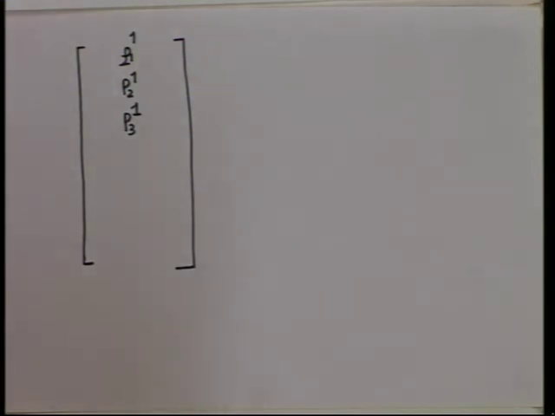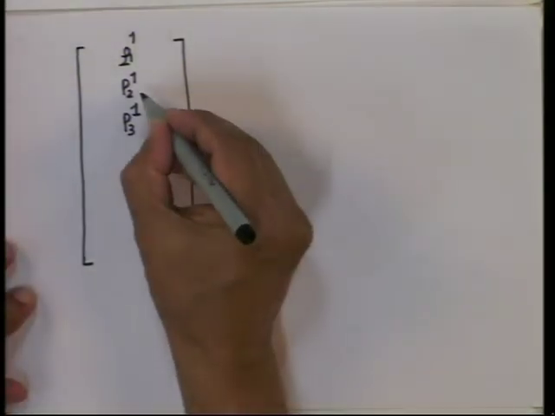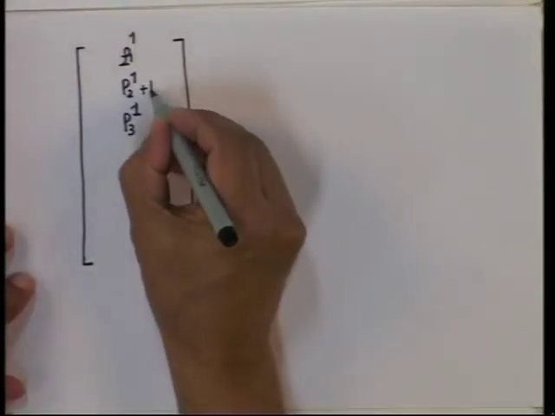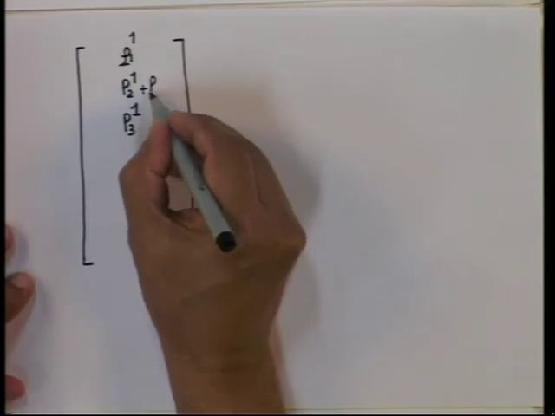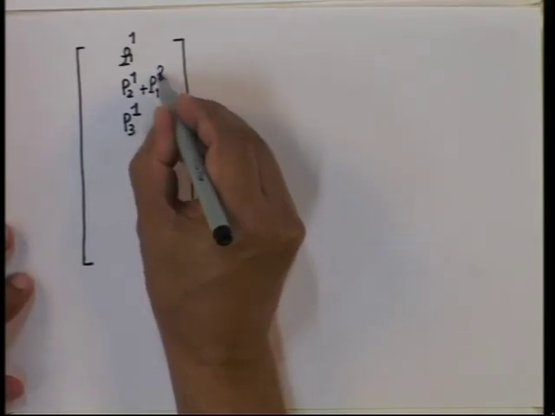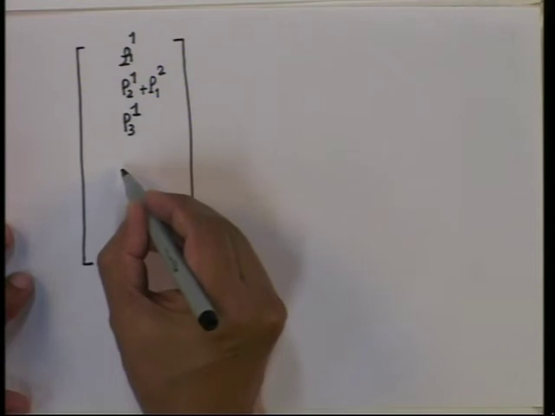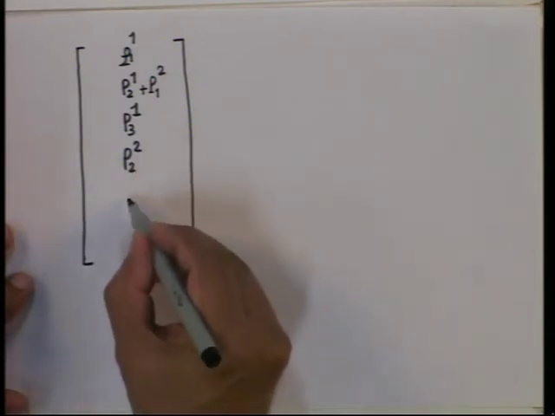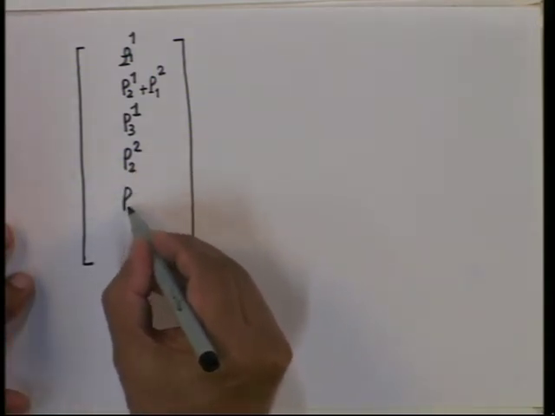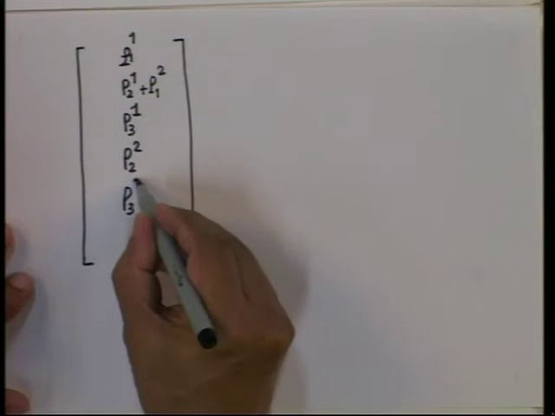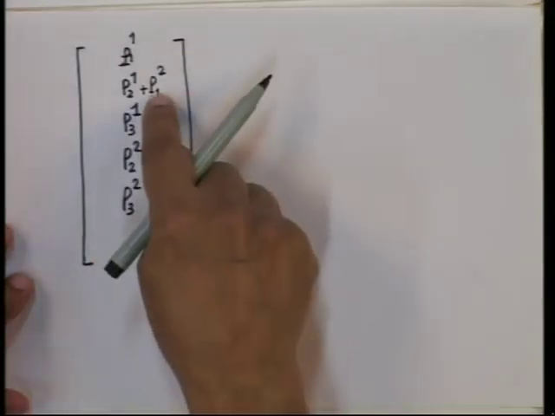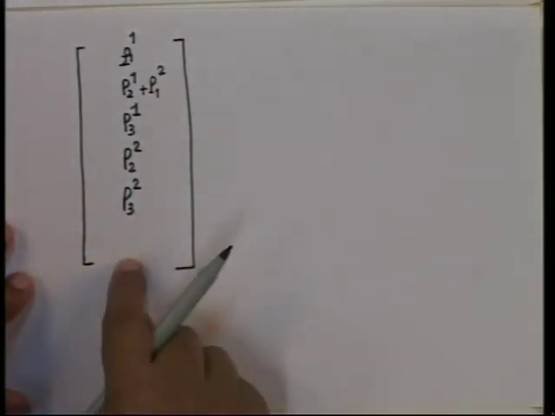Second element is 2, 4, 5. So, 2 is here, so plus p 1 of 2, 2, 4, third one 4 is here, p 2 of 2 and 5 is here.